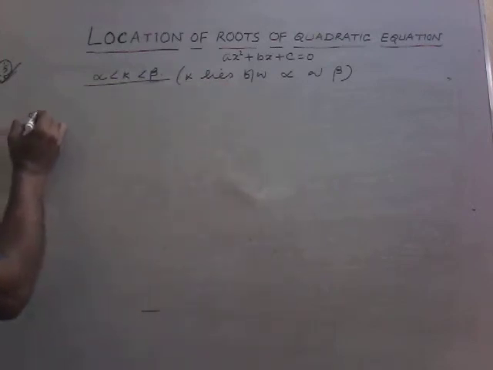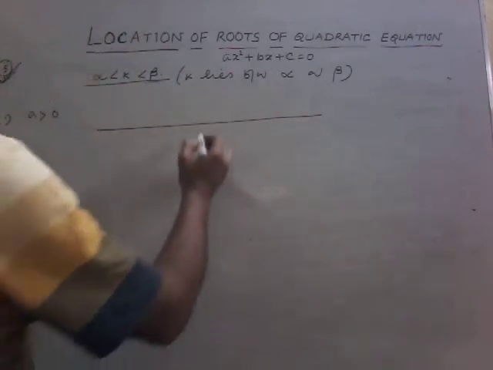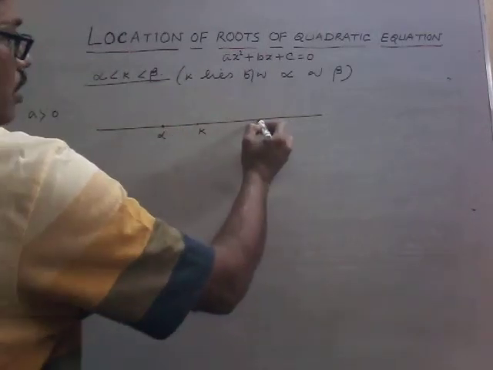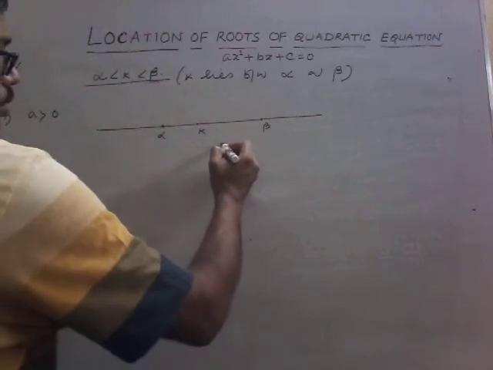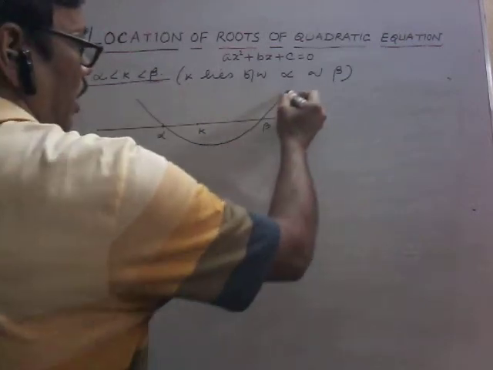So in each case we are considering two cases. So this is k, this is alpha, this is beta. So a greater than 0, so this one is the vertex. So the figure will be like that.